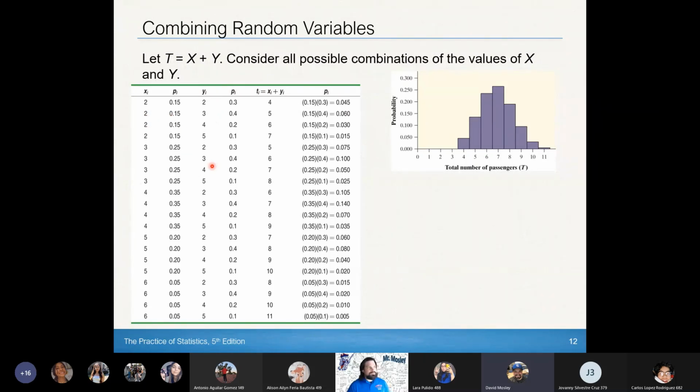Multiplying the probabilities of each of those gives us the probability of that occurring. So we have all these probabilities, ranging from 4 to 11, and this is our distribution. Notice there are multiple ways to have 5 passengers, multiple ways for 6, 7, 8, and so on.